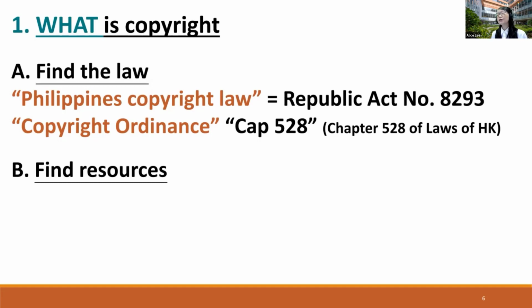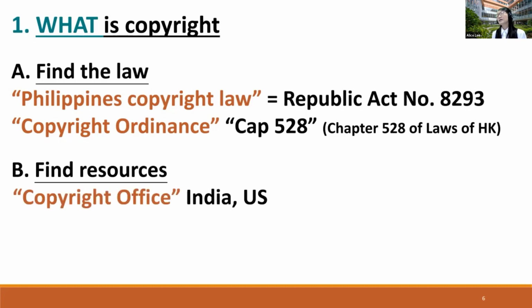If you want to find useful resources, in particular from official government websites, then again, you can type copyright plus some keywords. For example, in India and the United States, they call their responsible government office the Copyright Office. So if you simply type Copyright Office, India, United States, you will be able to see their government body, their website responsible for copyright promotion.